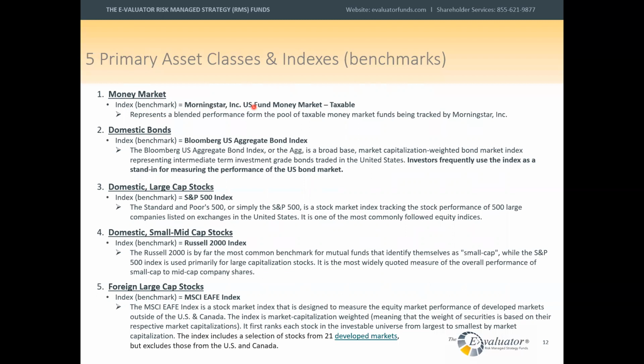For domestic bonds, we're going to use that Bloomberg US Aggregate Bond Index. It's the most common bond index out there. For domestic large cap stocks, we're going to use the S&P 500. For domestic small to mid cap stocks, the index will be the Russell 2000.